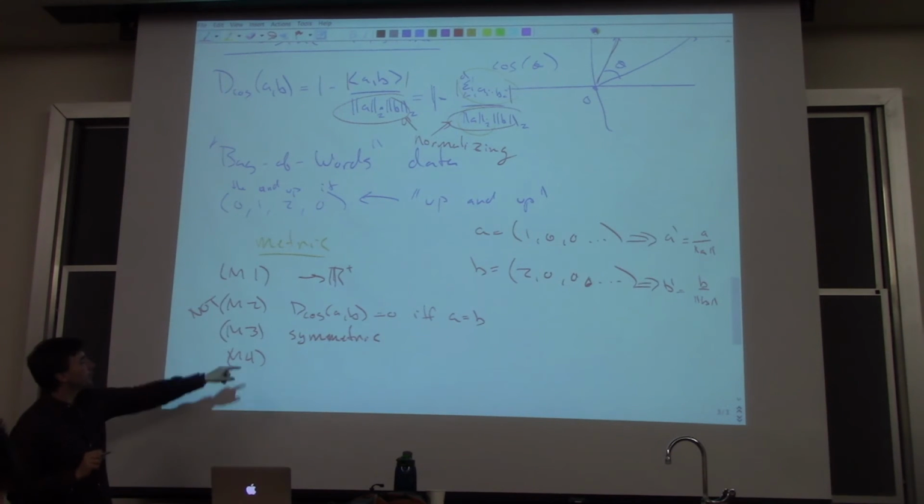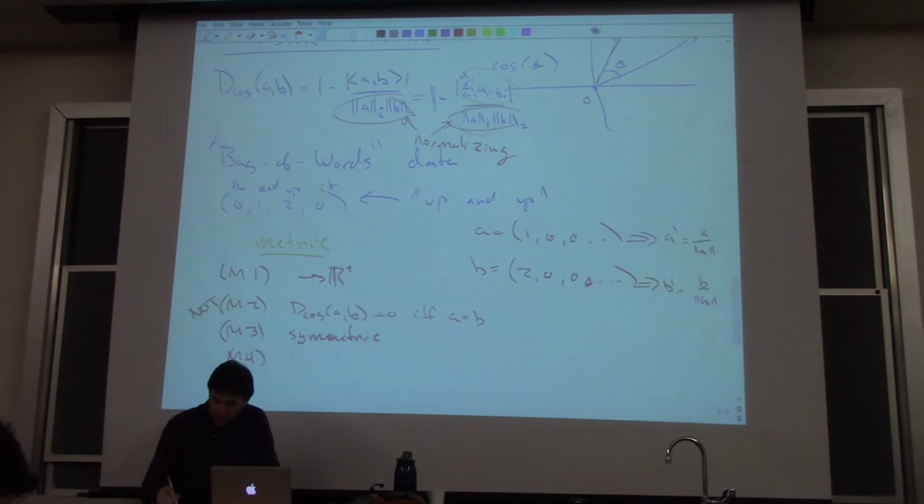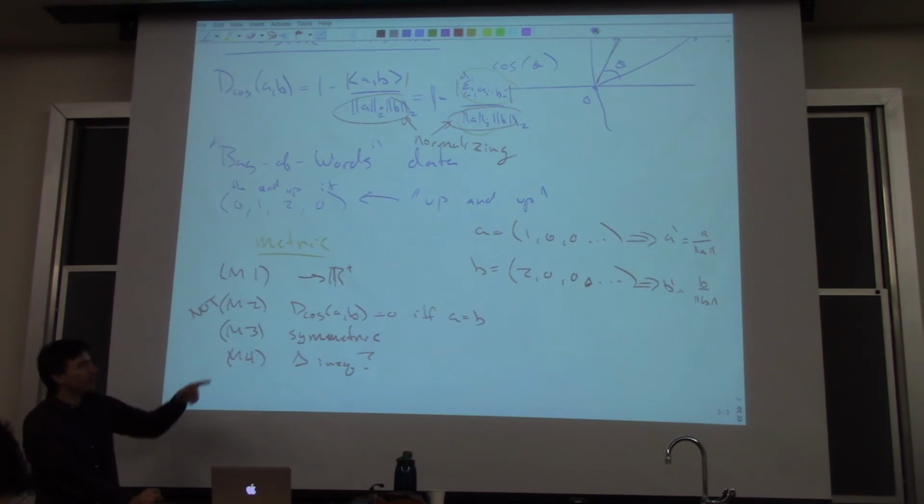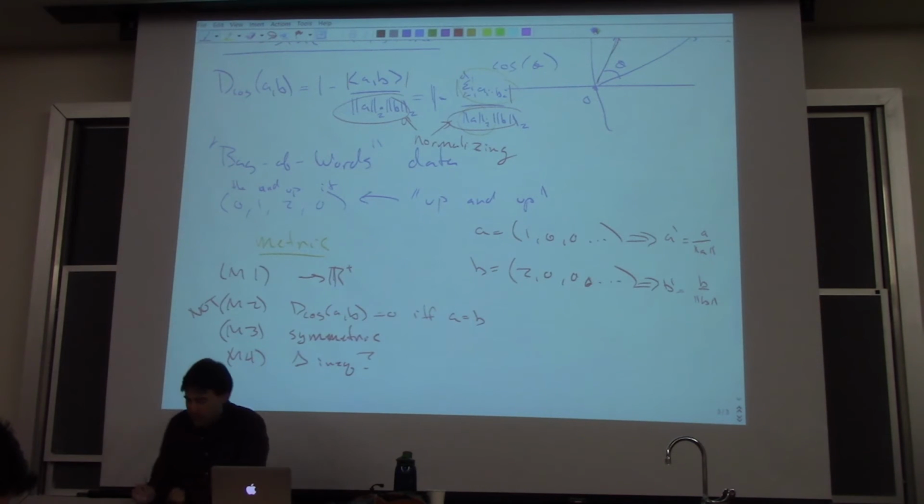Okay, so does it satisfy the triangle inequality? The way to see it is after you've normalized, you can see that this is true. And again, the rationale is what I was just saying. All the data points are going to lie on this L2 ball.